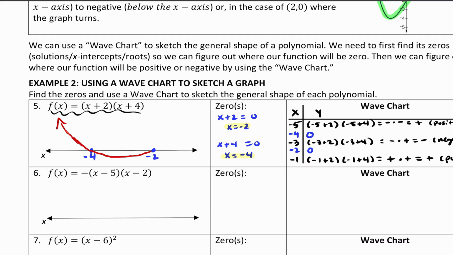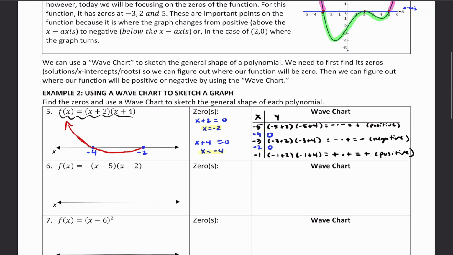And to the right of -2, it is positive, right? So our little rules really do help us sketch our polynomial function just like so.